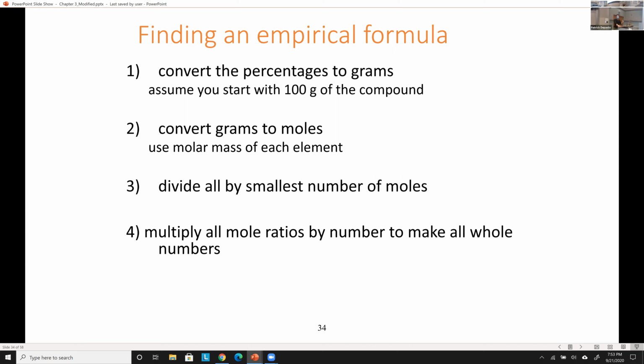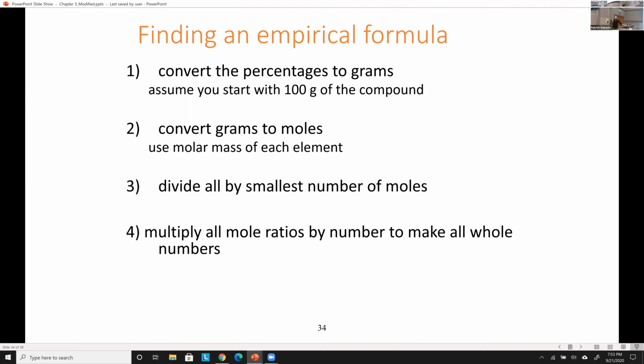So you're reducing it to its simplest whole number mole ratio. That's exactly what you're doing by dividing it by the lowest number. So that simplified mole ratio is basically the empirical formula.